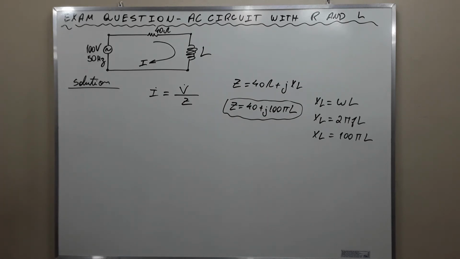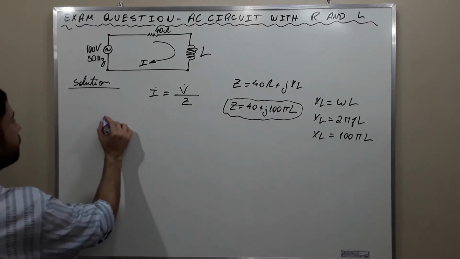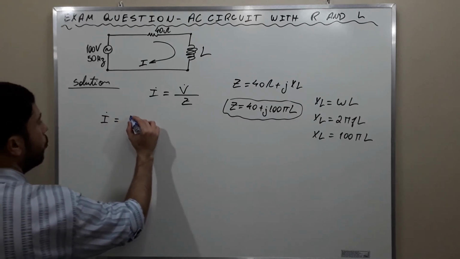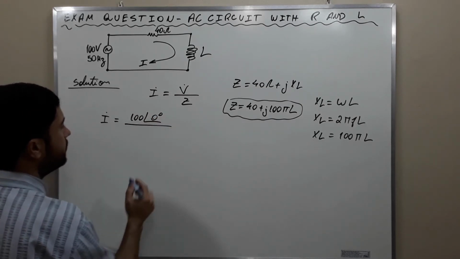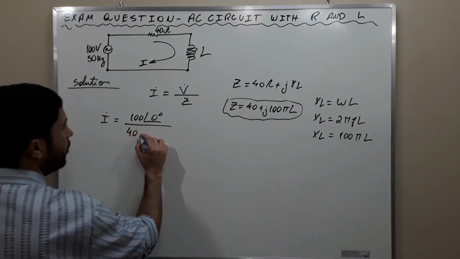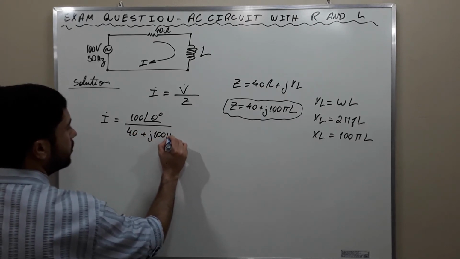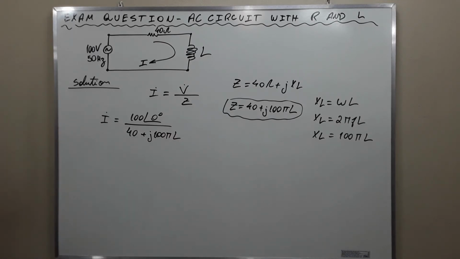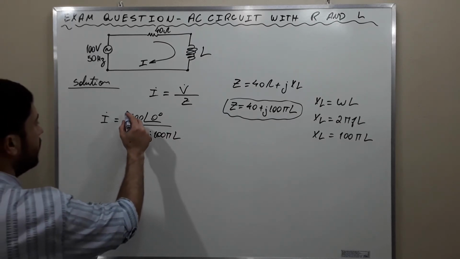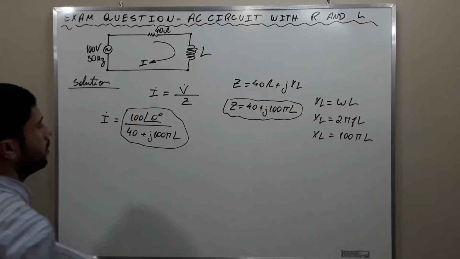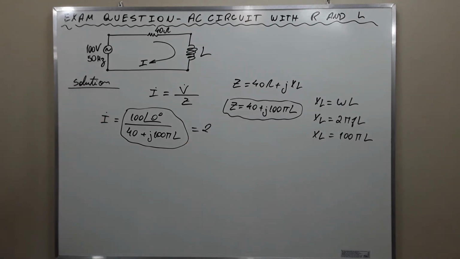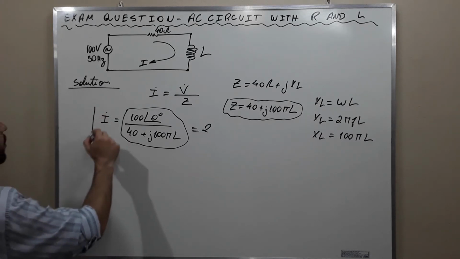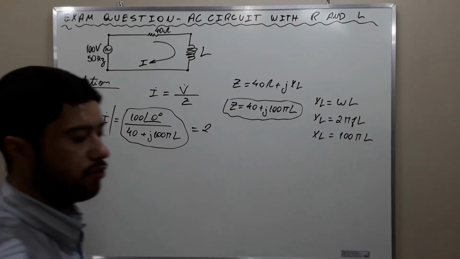And the current phasor is going to be equal to 100 phase 0 degrees divided by 40 plus j 100 pi L. What we need is to make this equal to 2. The magnitude of the current has to be equal to 2.